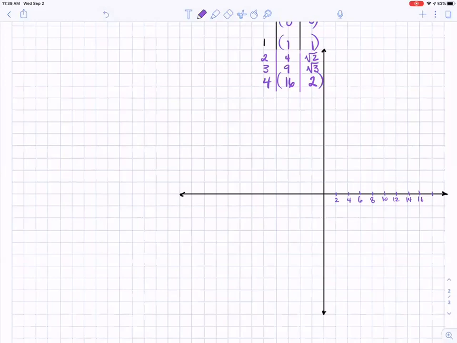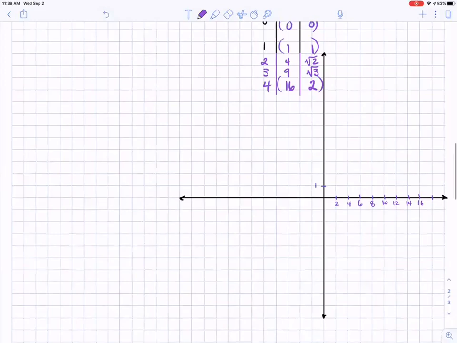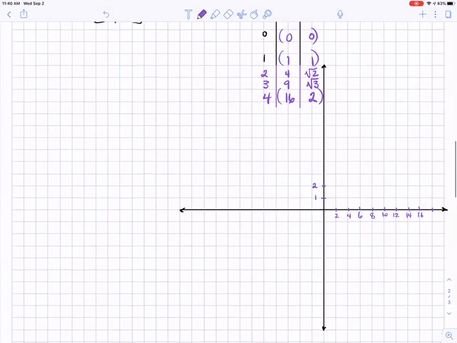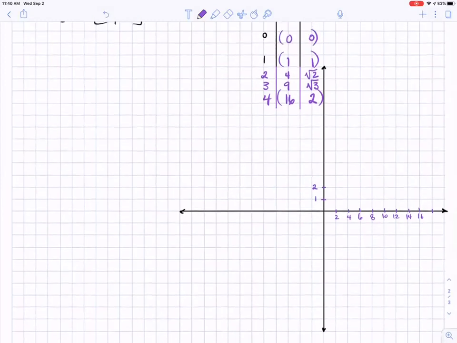Now on the y-axis, I'm just going to go by my normal 1s because my y values just are 0, 1, and 2. Okay, so our first coordinate is 0, 0. Our next coordinate is 1, 1.